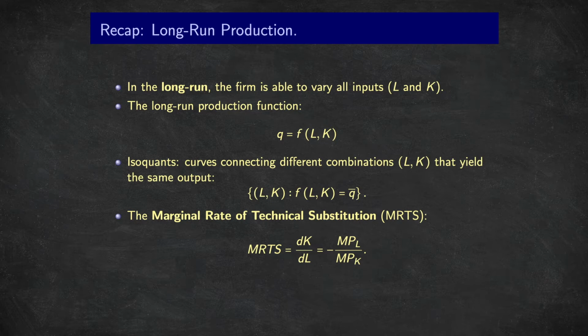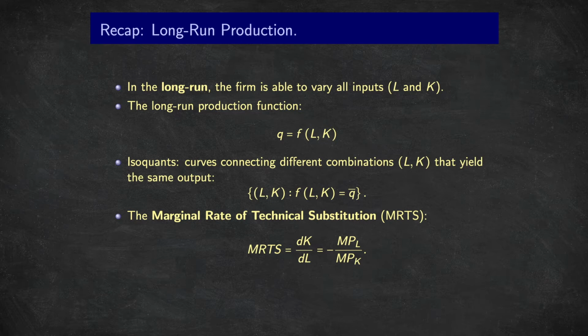The connection between choosing these inputs and how much output the firm is producing is described by the long-run production function. So we write output Q is equal to some function f, the long-run production function, which takes inputs labour L and capital K.